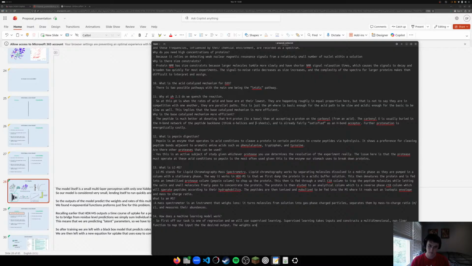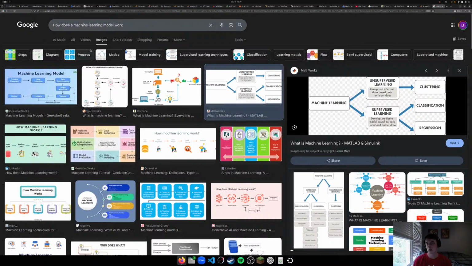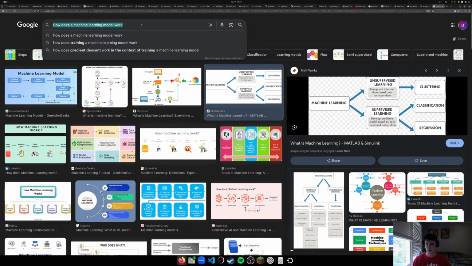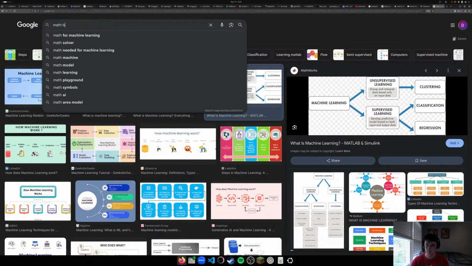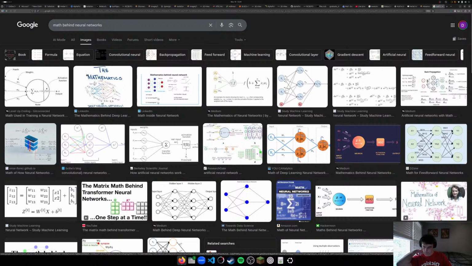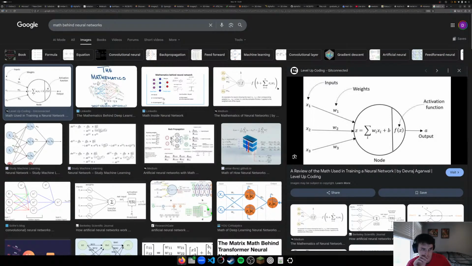The weights are updated using gradient descent. So I need to understand the math behind gradient descent. So I learned this once before.